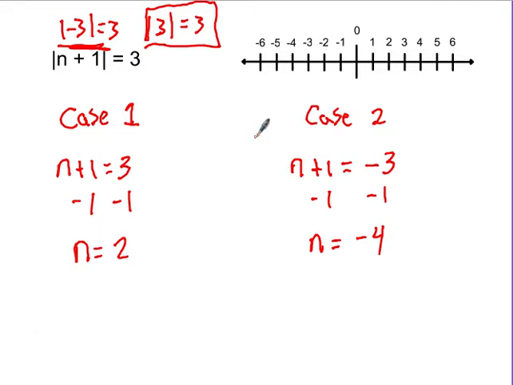Okay, so we've got two solutions for n now, and both of them give me a 3 absolute value. -4 plus 1 equals -3, so my absolute value is 3, and then 2 plus 1 equals 3, so the absolute value of 3 is 3. So my solution set now looks like this, -4, 2.